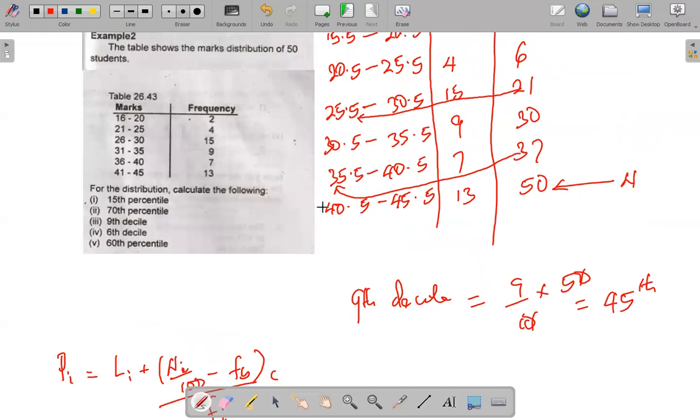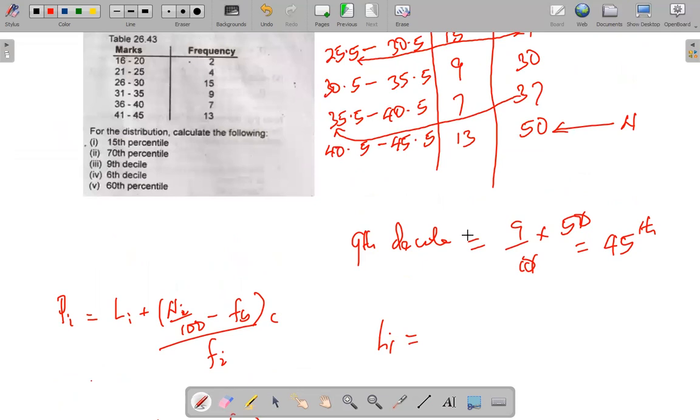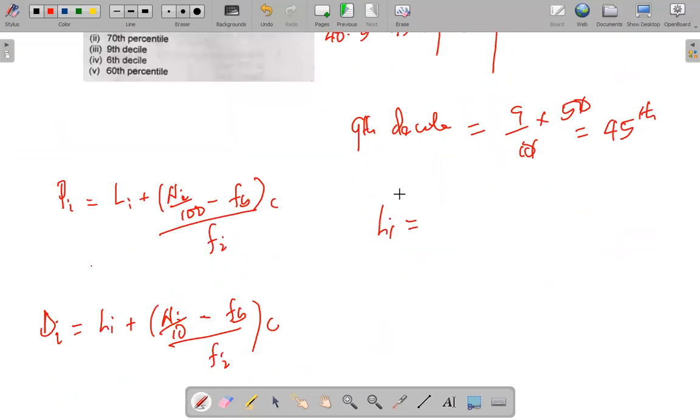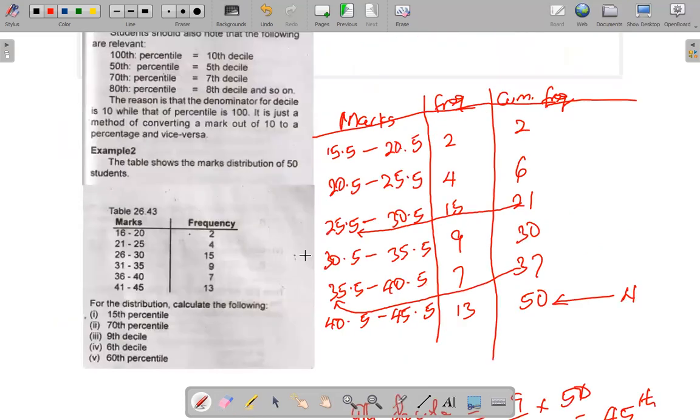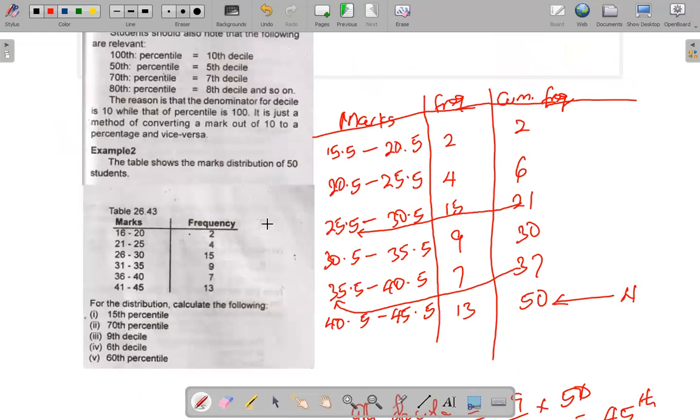So my lower class boundary there is 40.5. Remember the formula is Li plus n over 10 minus Fb over Fi times C. So in this case, Li is 40.5. Fb is the cumulative frequency before the ith decile.